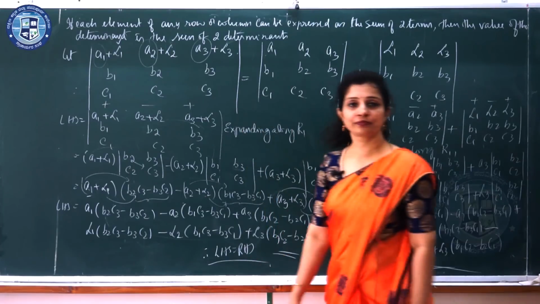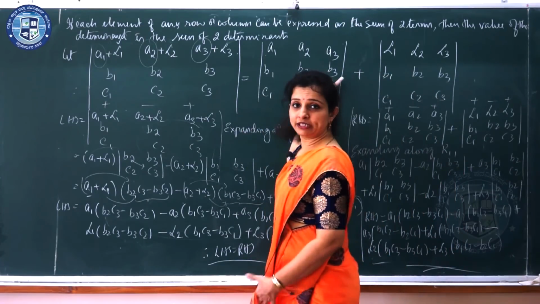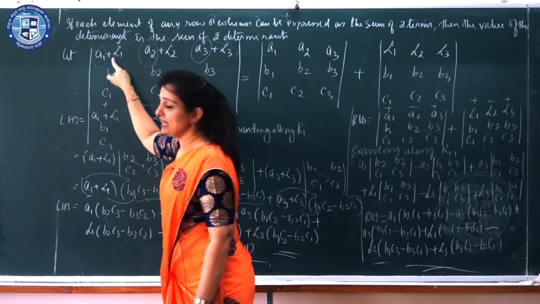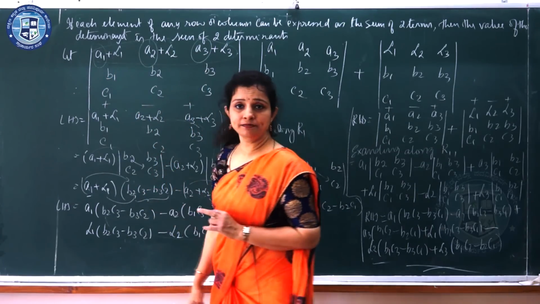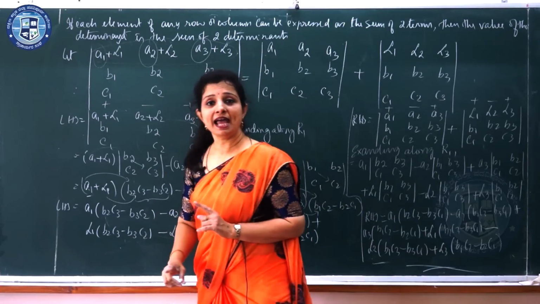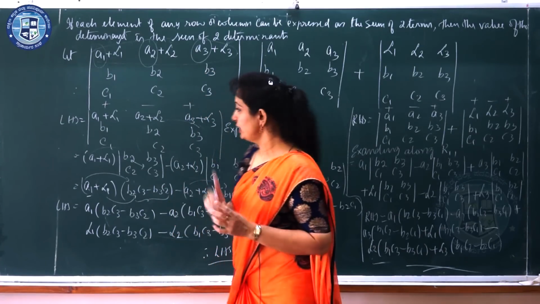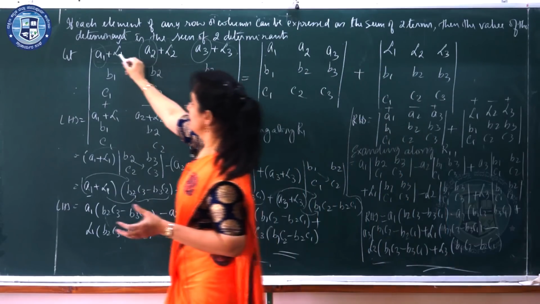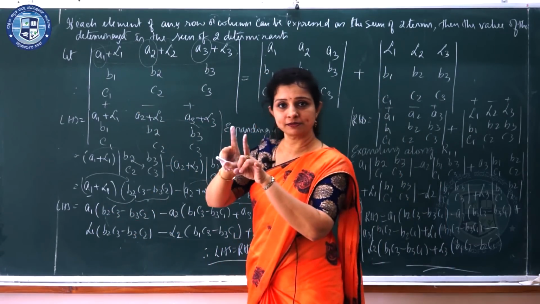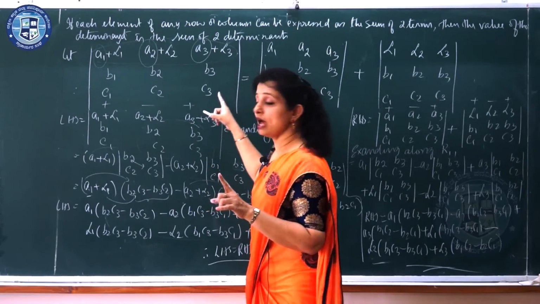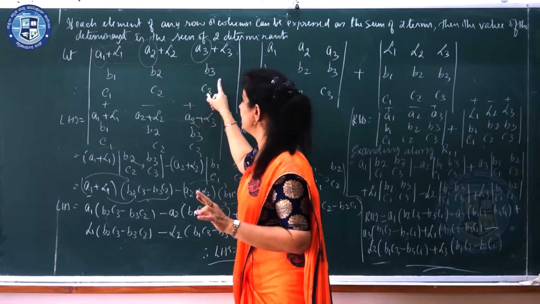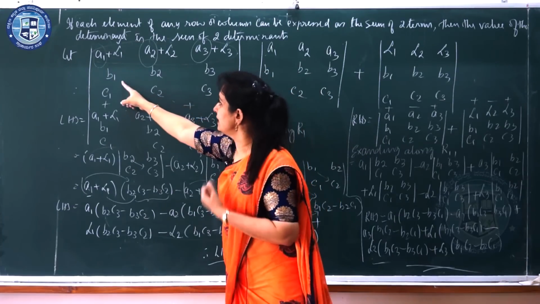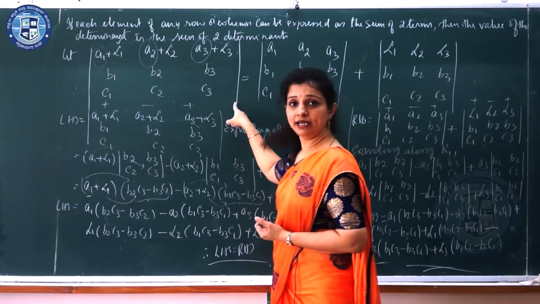Hence, we can write a determinant as a sum of two determinants if in any row or any column, the elements can be expressed as a sum of two terms. When you solve the example, we will get to know very clearly, students. So, if the first row elements are sums of two terms, remember the next rows are only single terms, B1, B2, B3, C1, C2, C3.